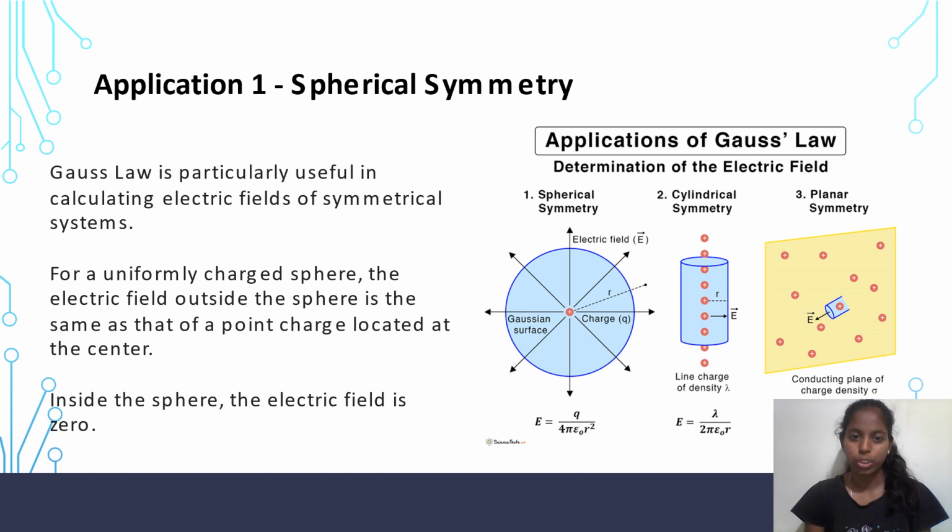Now let's move on to the first application of Gauss law in spherical symmetry. Gauss law is particularly useful in calculating electric fields of symmetrical systems. For a uniformly charged sphere, the electric field outside the sphere is the same as that of a point charge located at the center.